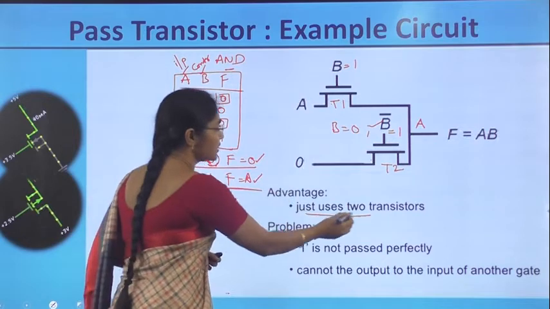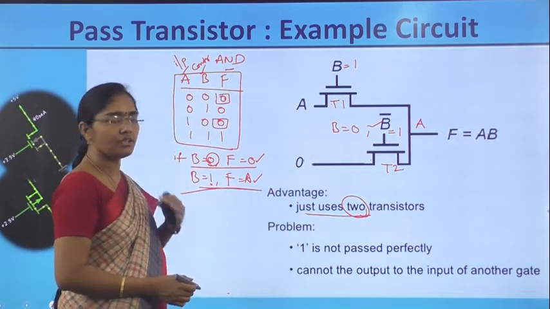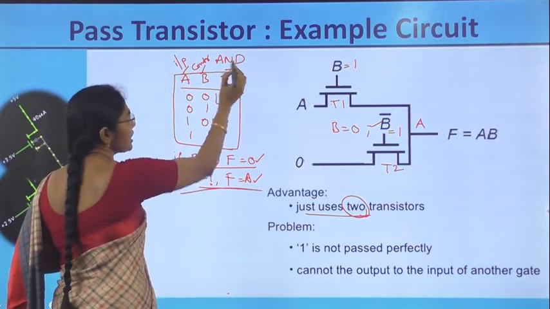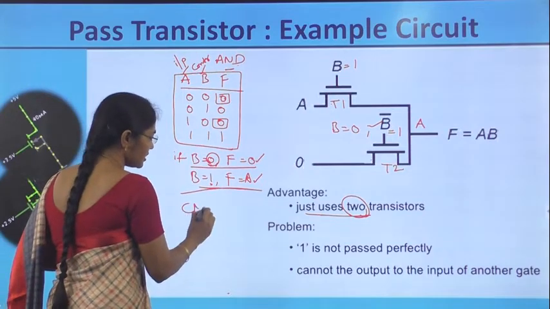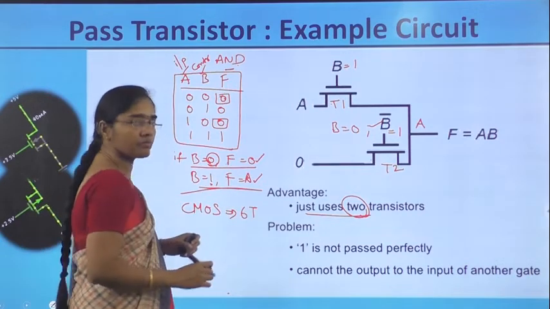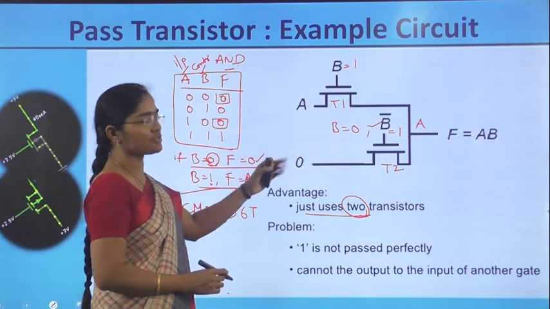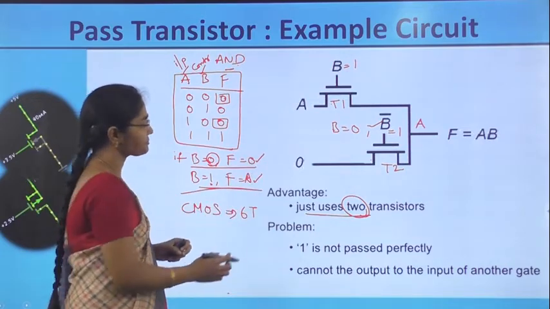In this example, it uses just 2 transistors for the AND gate. If you realize the same AND gate with CMOS, it will take 6 transistors, whereas here only 2 transistors are used. That is the main advantage of the pass transistor.